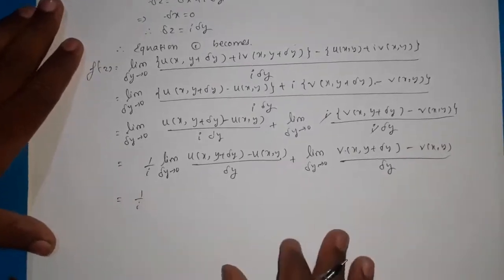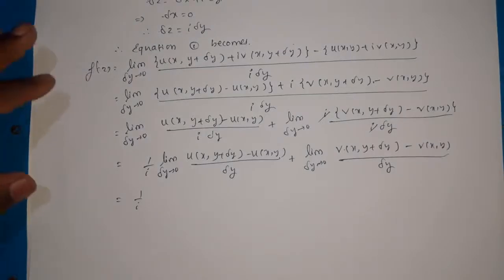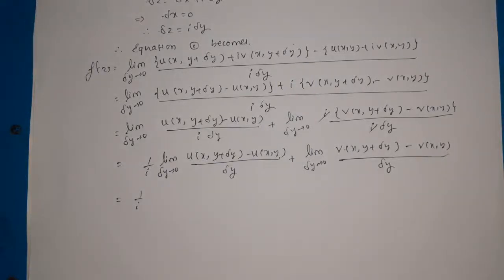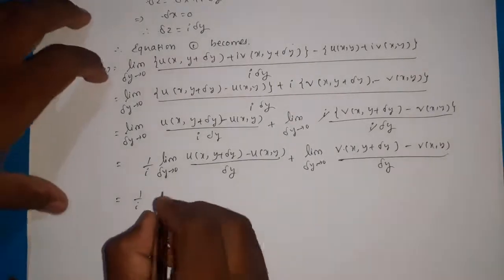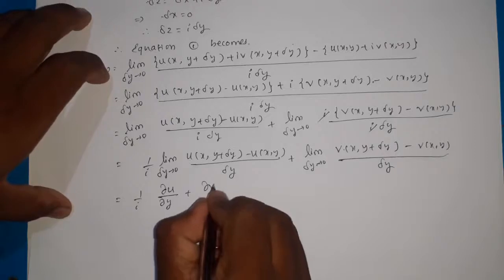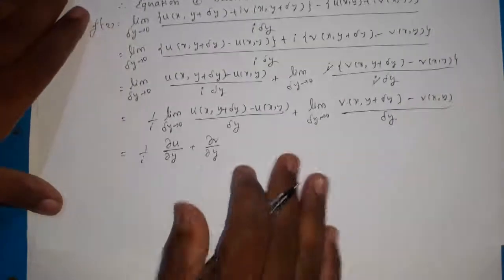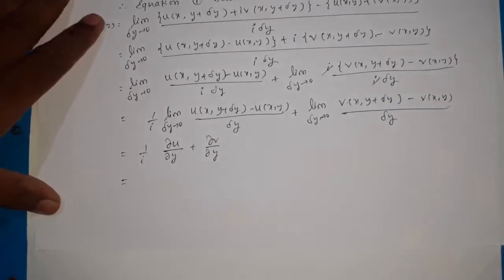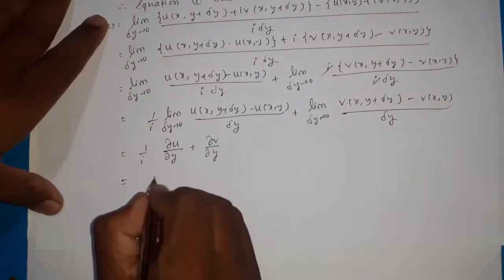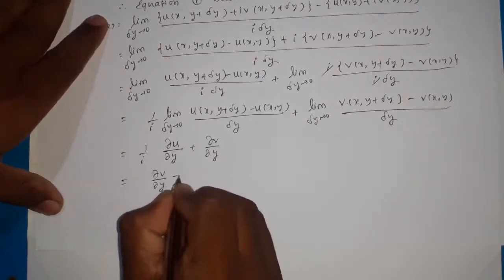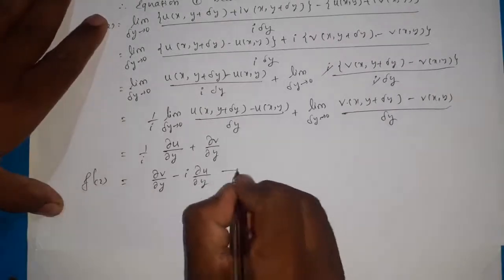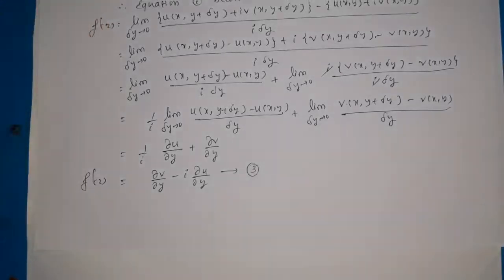So by using the definition of the derivative, here only y is changing, meaning we are differentiating the function with respect to y. Then it is dou u by dou y plus dou v by dou y. Here 1 by i, we know that 1 by i is equal to minus i, hence this can be written as dou v by dou y minus i into dou u by dou y, which is equal to f dash of z. It is the third equation.